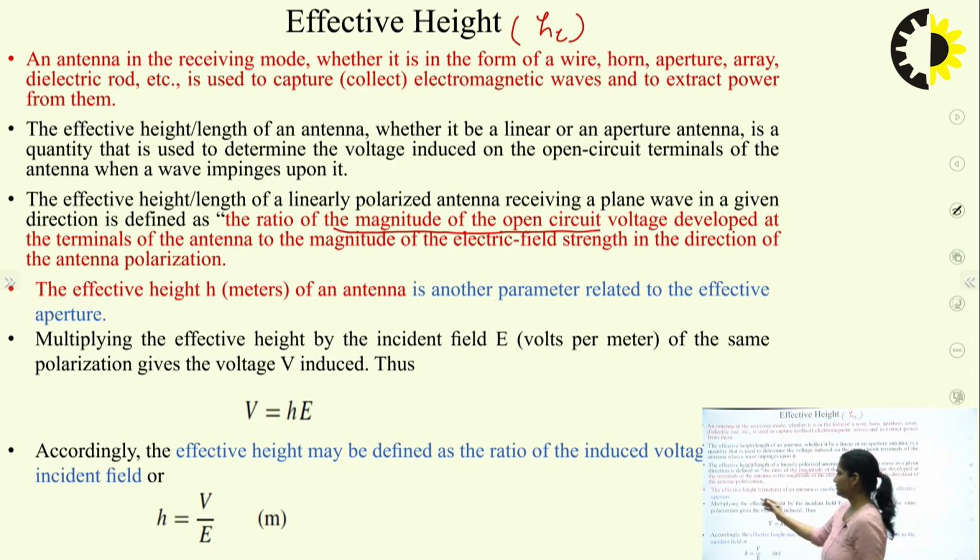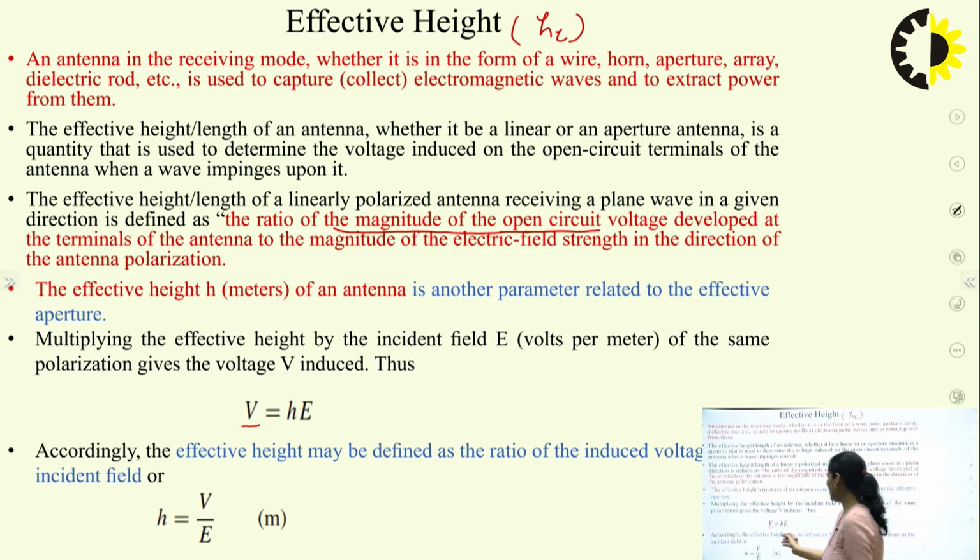Effective height, in meters, of an antenna is another parameter related to effective aperture. If we multiply effective height HE by the electric field, then we get the voltage which is induced in the antenna.